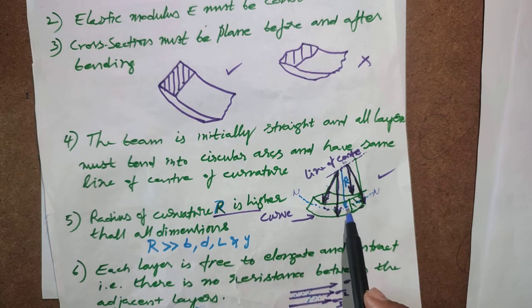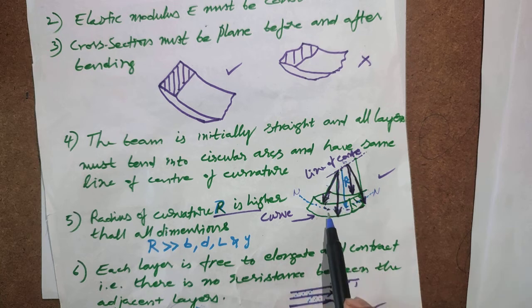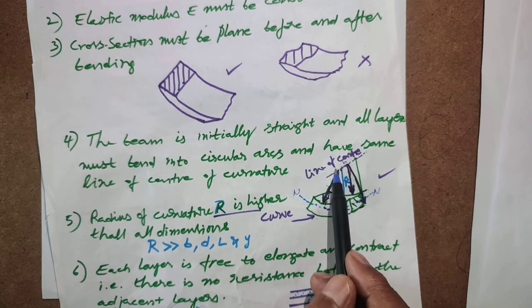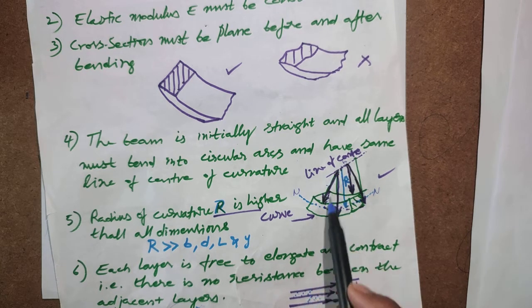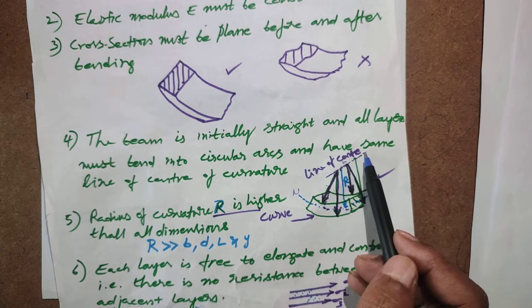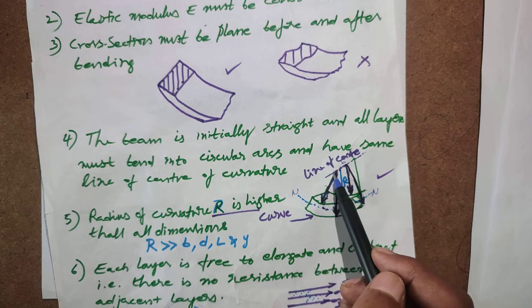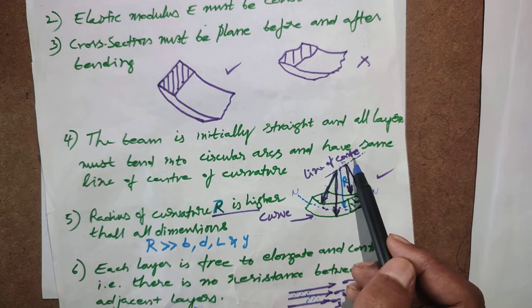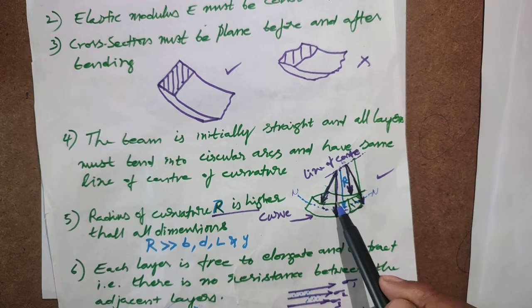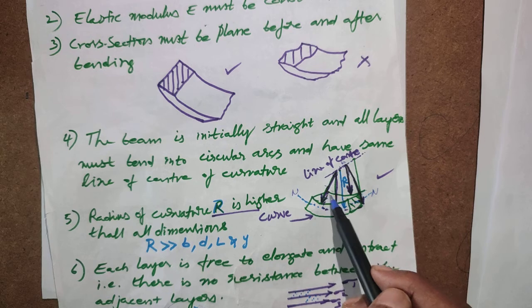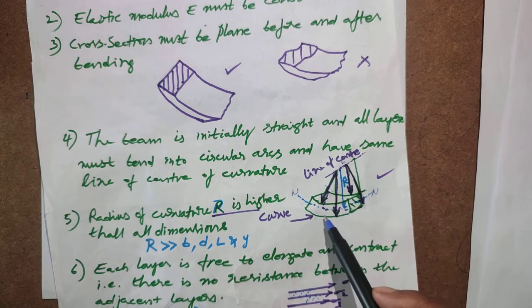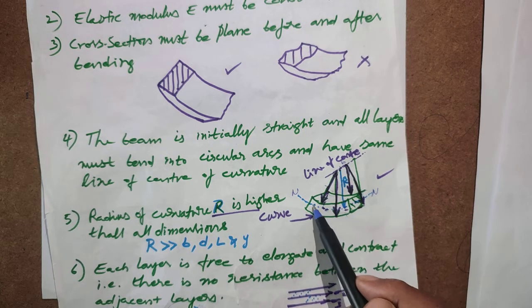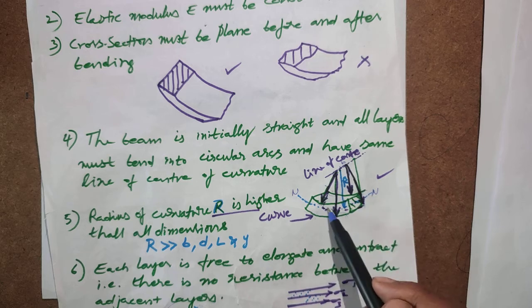The curvature is the same along the depth, and it has the same center of curvature for these depths. If you extend the width, it is B, and it has another curvature behind this face. This has the same curvature, and the neutral axis also has the same curvature.